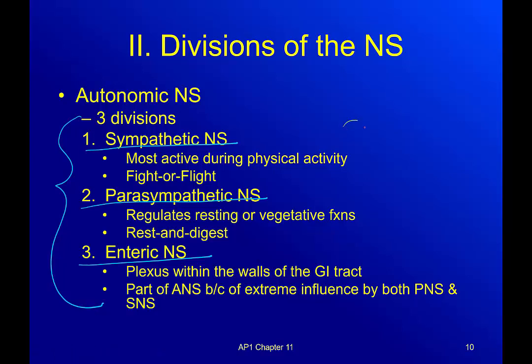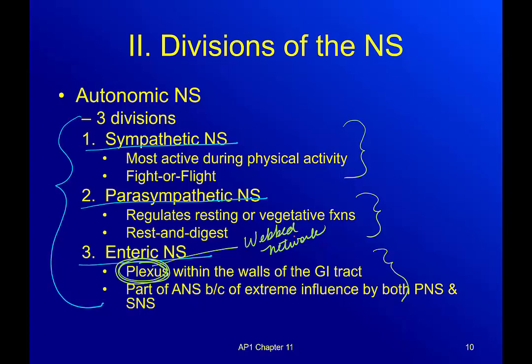So sympathetic is most active during physical activity, fight or flight. Parasympathetic regulates resting or vegetative functions, also known as rest and digest. Enteric is a plexus within the walls of the GI tract. Plexus, fancy word. It's basically a webbed network. It's a very fancy way of saying a network of nerves, kind of like a network of wires, okay?